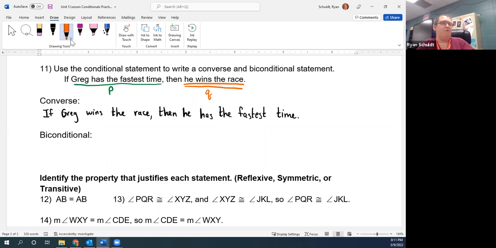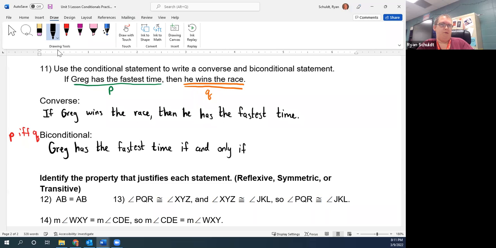For biconditional, biconditional is the one that's P if and only if Q. So Greg has the fastest time if and only if he wins the race.